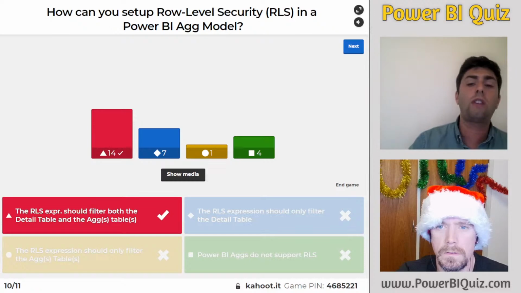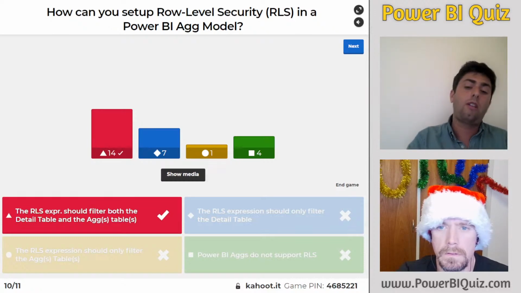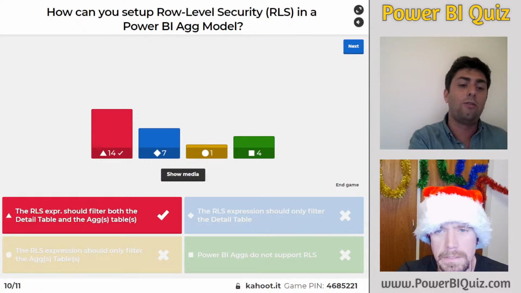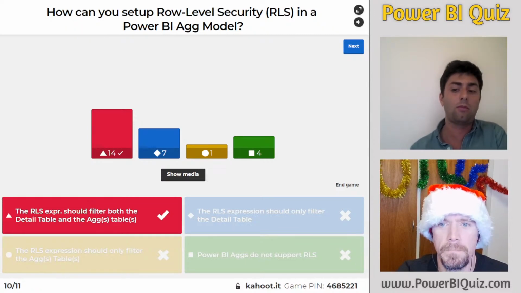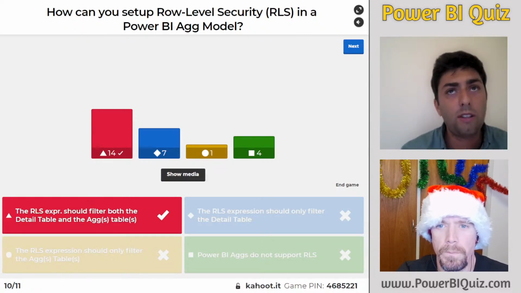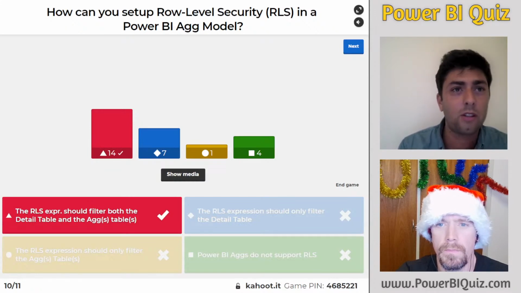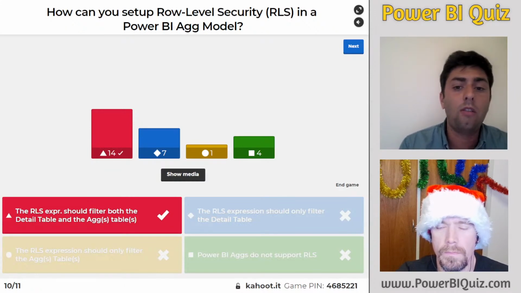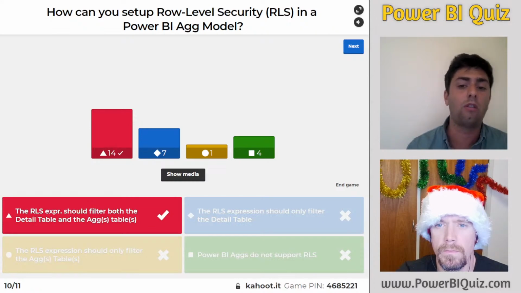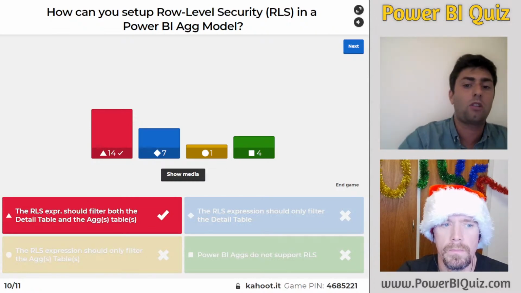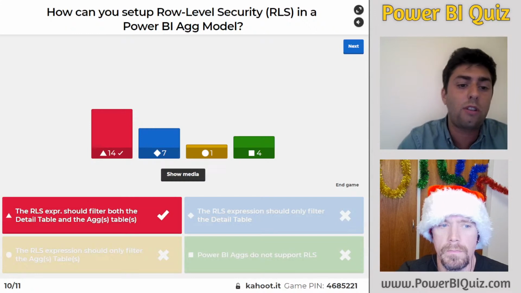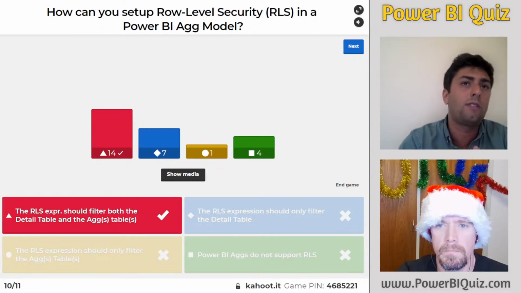Because your dual dimension table both filters the detailed tables and the aggregated tables, right? So usually what I recommend in your Power BI aggregation models is that you put your row level security expressions on your dimension tables or on tables which are linked to your dimension tables, because you will be sure that the security will propagate across the model correctly.